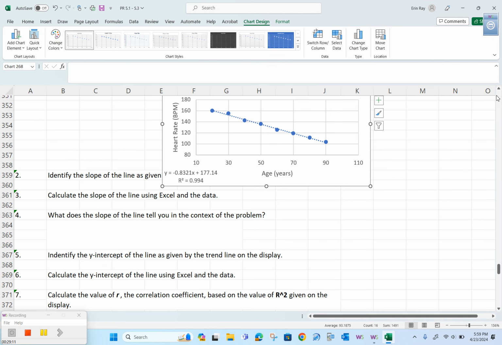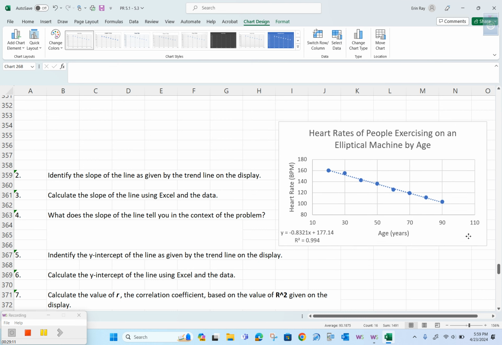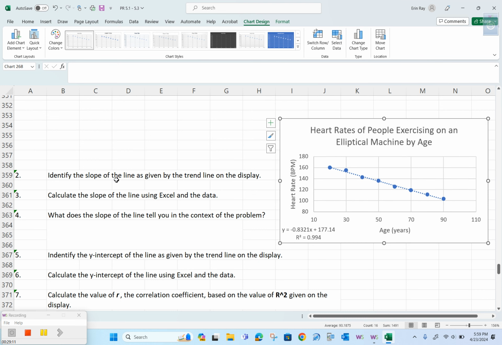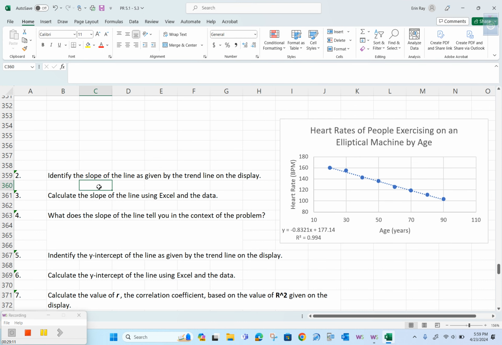There we go. Okay, so from our chart, we're going to identify some things. It says identify the slope of the line given by the display. The slope from what we just did was negative 0.8321.